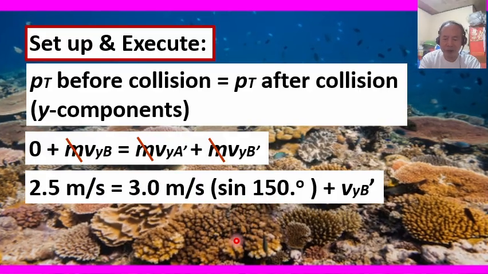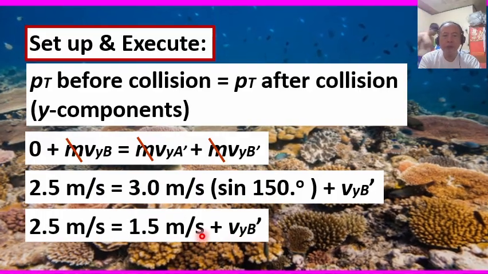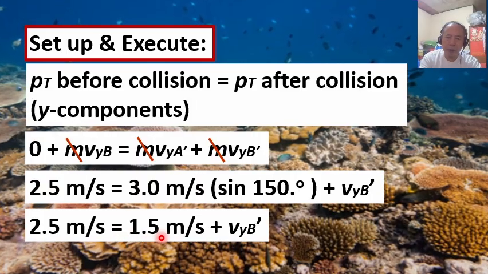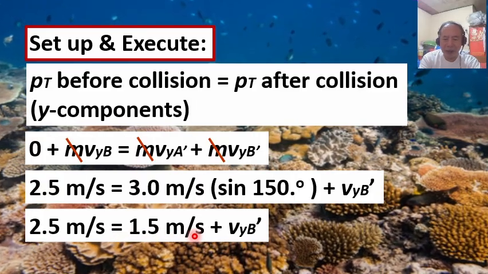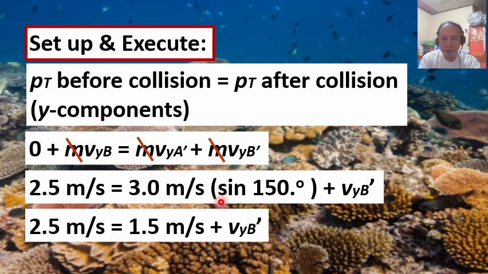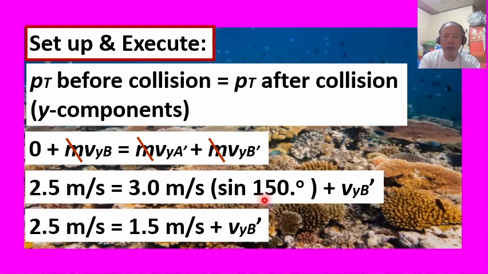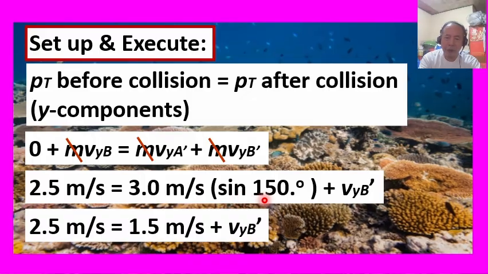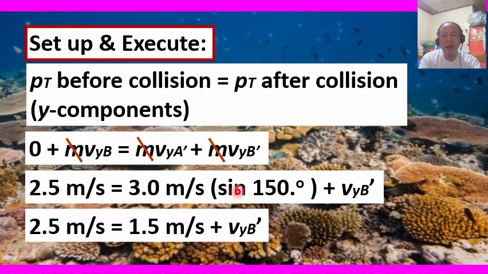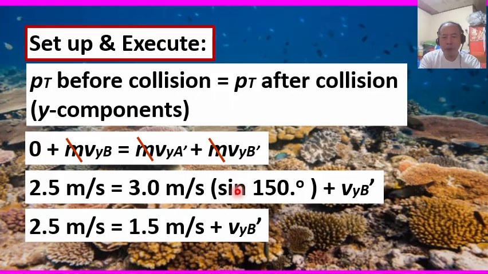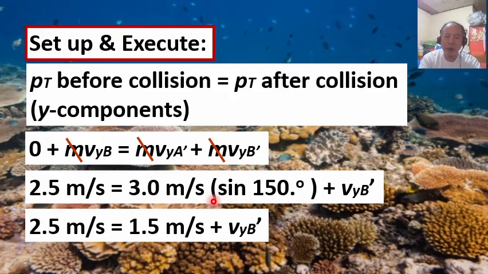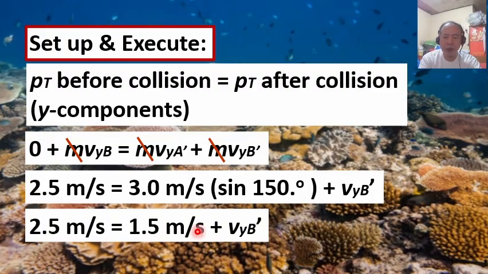So this simplifies to 2.5 meters per second equals 1.5 meters per second plus b sub y b prime. All right? The value of the sine of the angle 150 degrees is positive 0.50, which when multiplied by 3.0 meters per second, we get 1.5 meters per second.